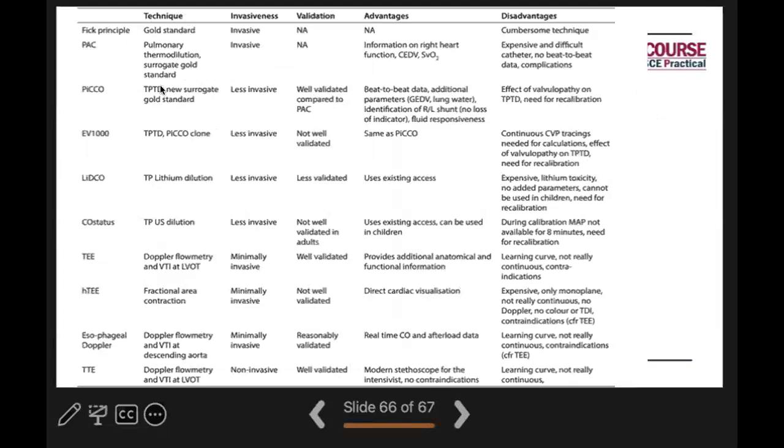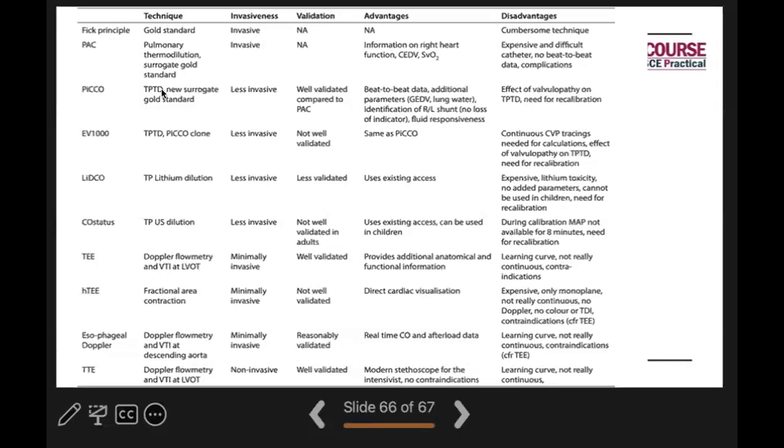Initially, we saw the most invasive technique, but the gold standard technique, the Fick principle and the pulmonary artery catheter. As I told you, there are no major validation studies specifically for cardiac output monitoring, but whichever trials have been released for any other hemodynamic monitoring have not proven so beneficial. It is mainly because of the invasiveness, the cumbersome techniques, and multiple hemodynamic variations that could happen with the catheter.